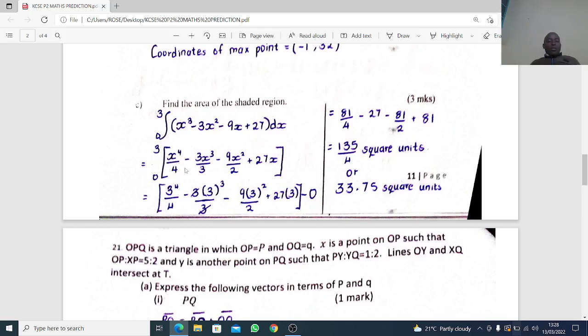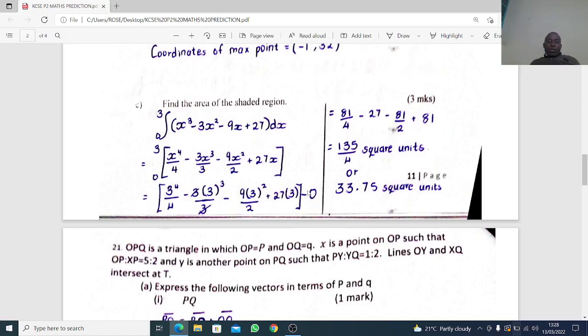So in simple terms, we just substitute 3 in this equation, instead of x we put 3. That's what we are doing. So 3 to the power 4 over 4, minus 3 into 3 cubed over 3, minus 9 into 3 squared over 2, plus 27 times 3, minus 0, because the 0 substituted becomes 0.